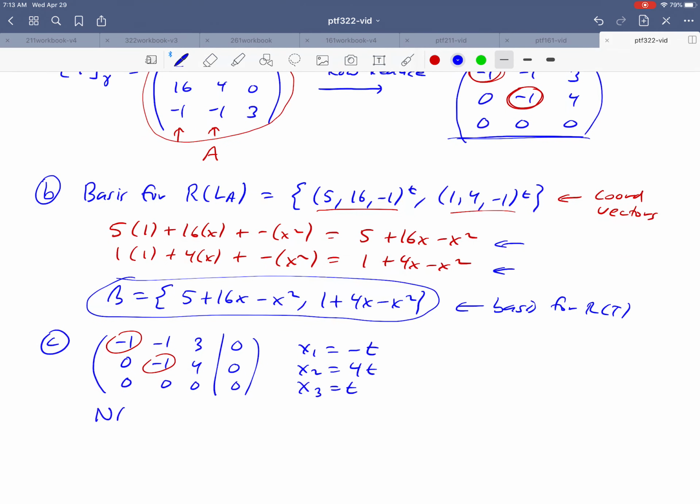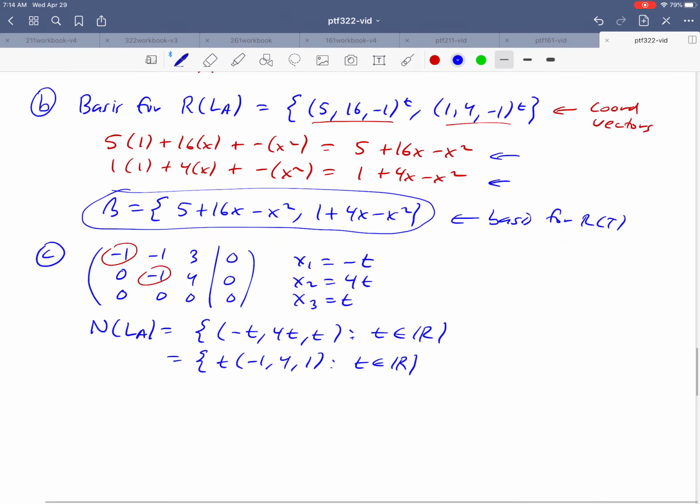Okay, and so the null space of L of A, if we actually write it out, the set of all solutions to the system that we have above, looks like negative t, 4t, and t, where t is in R. Notice that that can be rewritten as just t times negative 1, 4, 1.